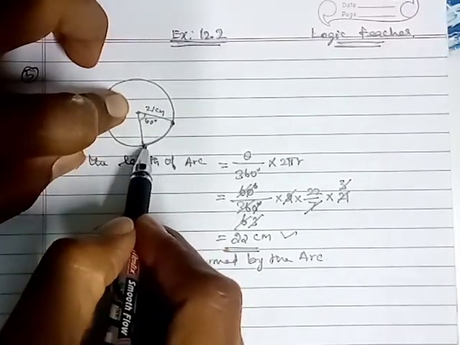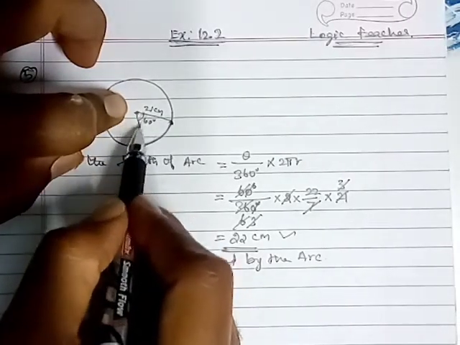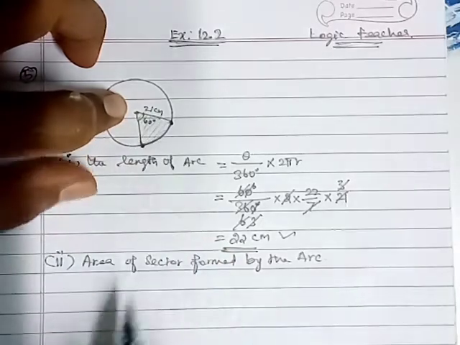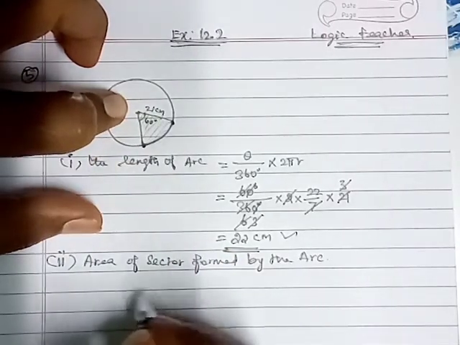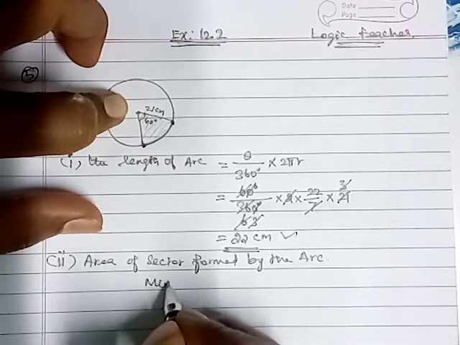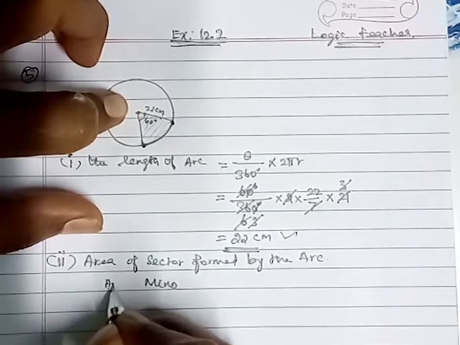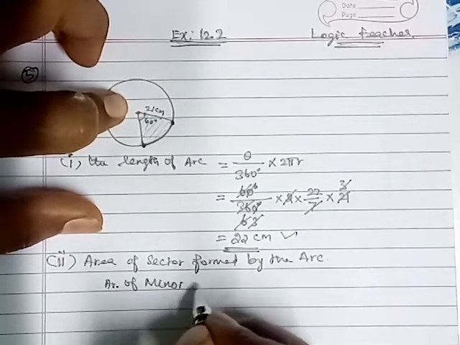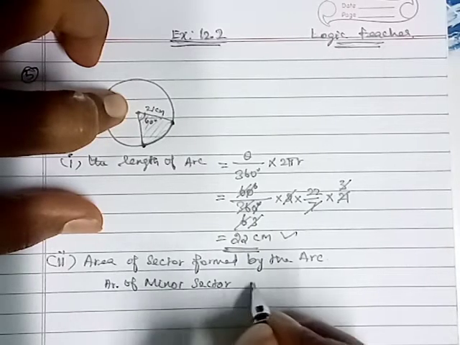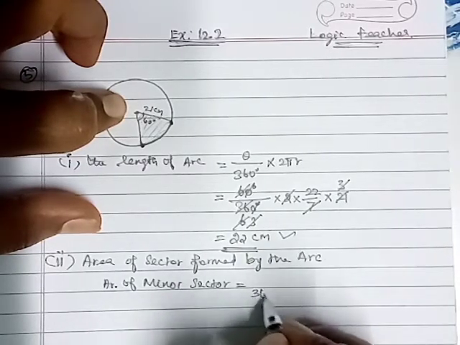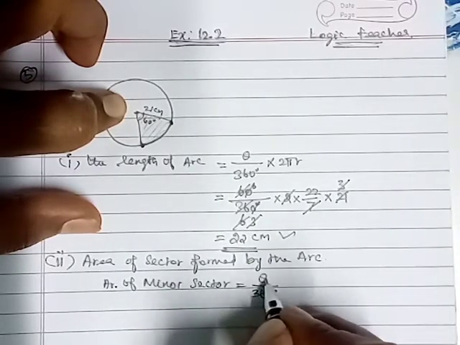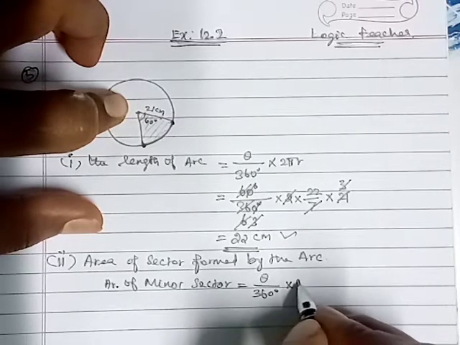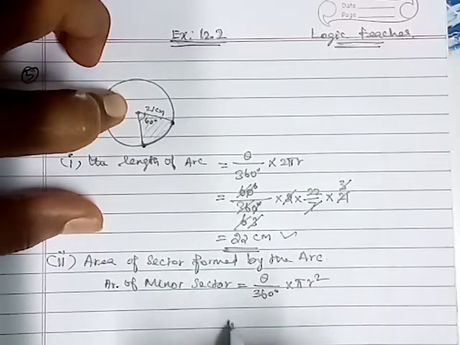This is the arc, and the area formed is this area. So this is the minor sector, right? Area of minor sector formula is theta by 360 degree into area formula pi r squared, right?